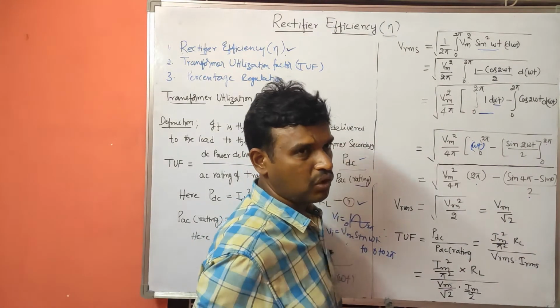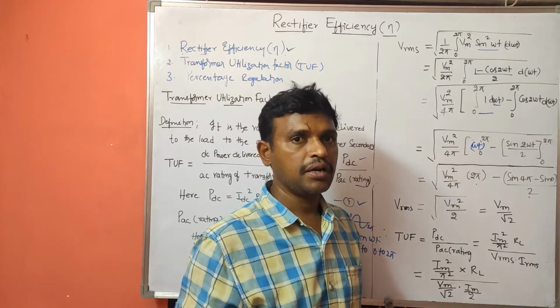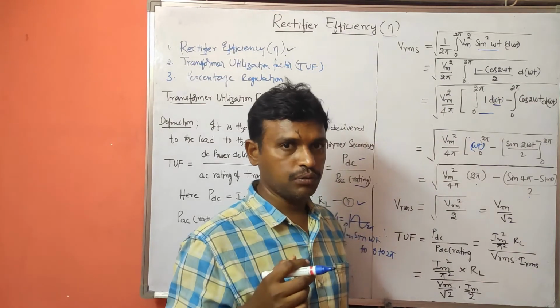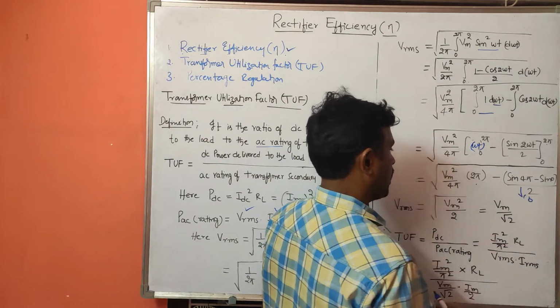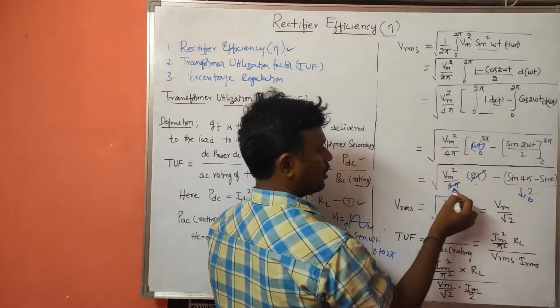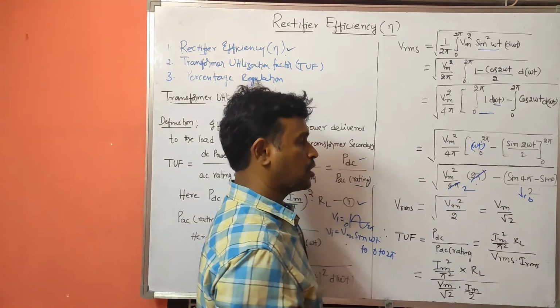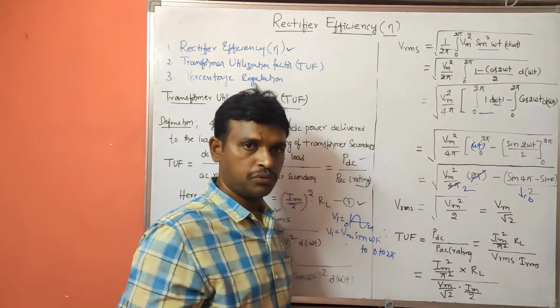What is the sine of pi? Whether it is sin pi, sin 2 pi, sin 3 pi, we will get the 0 value. So this total term becomes 0, and the remaining term cancels 2 pi with 4 pi by 2 times. Therefore it becomes square root of Vm square by 2.